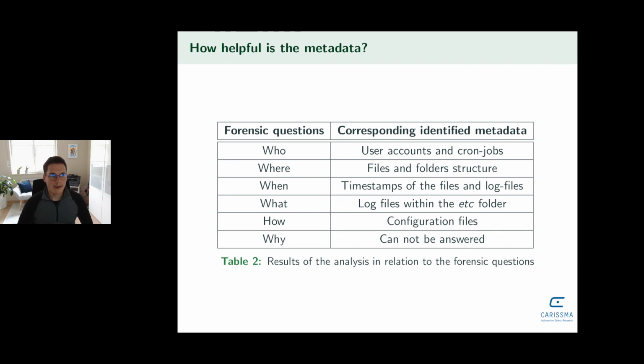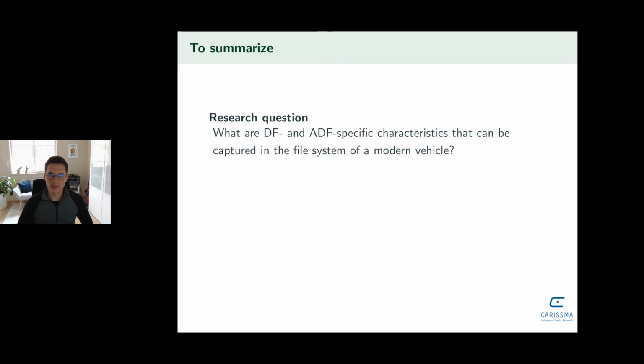So awesome, we were able to answer the questions. Let's go back to the beginning of the talk and summarize everything. We had the research question: what digital forensic and automotive-specific characteristics can we identify in a file system? We identified general characteristics like common usernames, common services, or common file structure from a Linux system, but also automotive-specific characteristics like the users we have seen, the legacy vehicle one, GPS, temperature monitor, and so on.